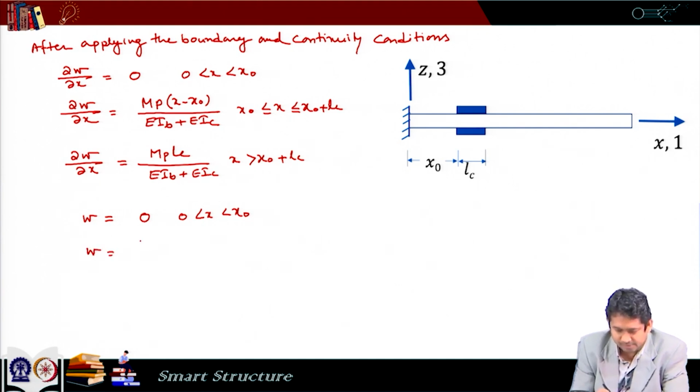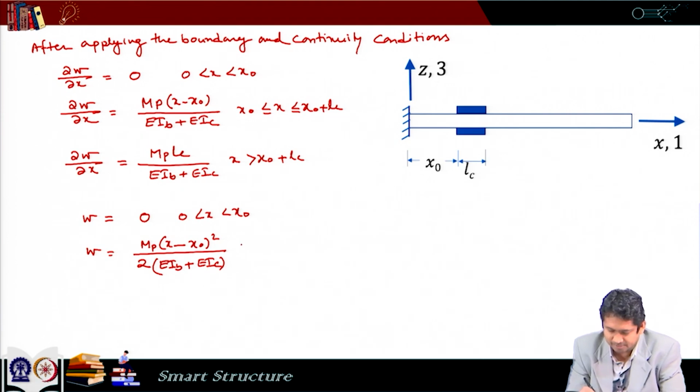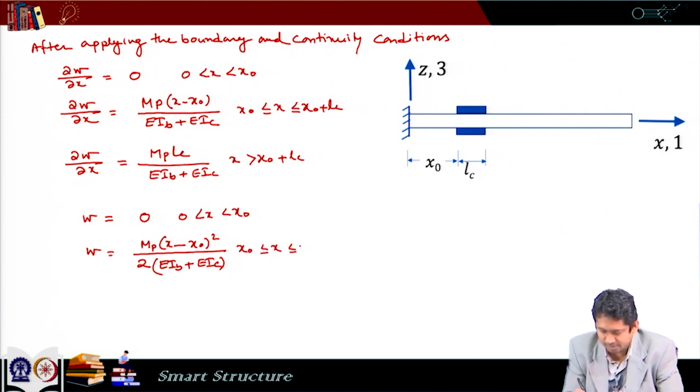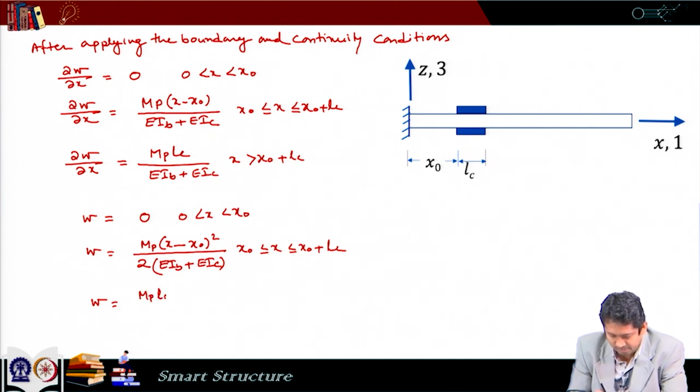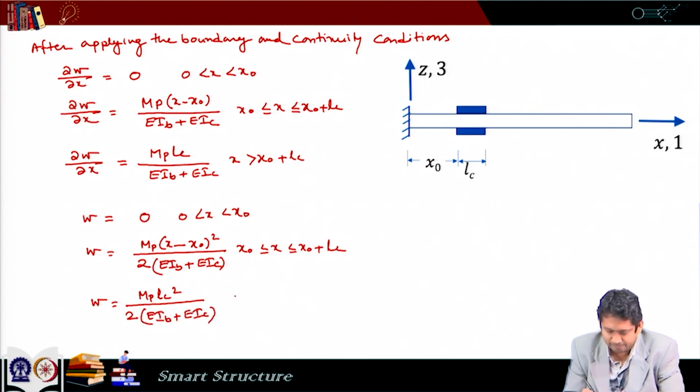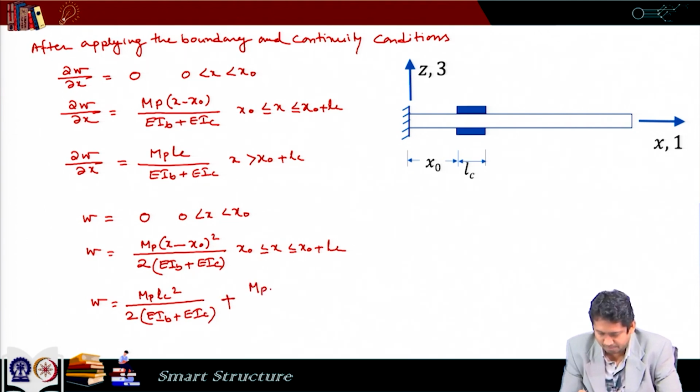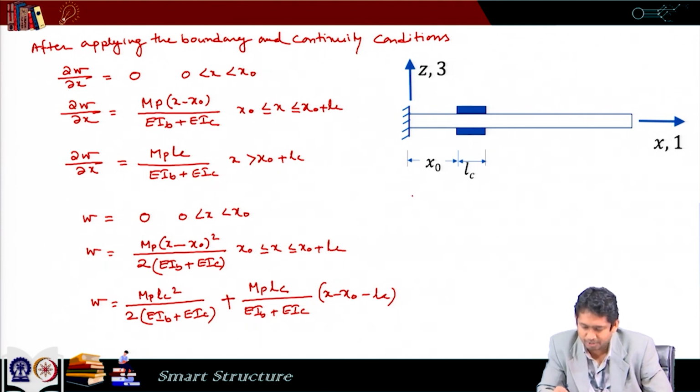Then we have W is equal to MP, x minus x0 squared by 2 EIB plus EIC, when we have x between x0 and x0 plus LC, and then we have W is equal to MP LC squared by 2 EIB plus EIC, plus MP LC by EIB plus EIC multiplied by x minus x0 minus LC. So if we draw the slope graph, it would look like this.